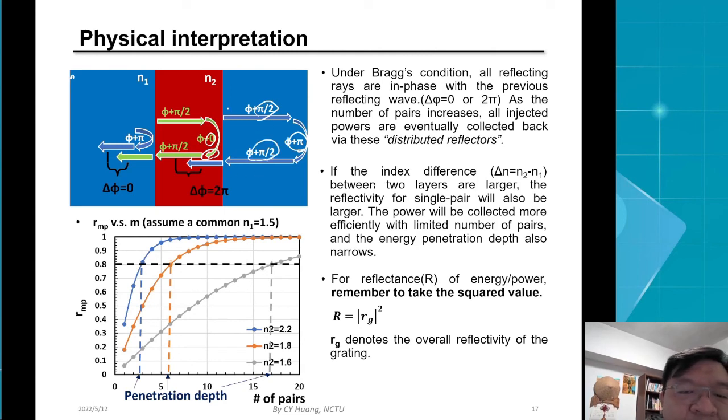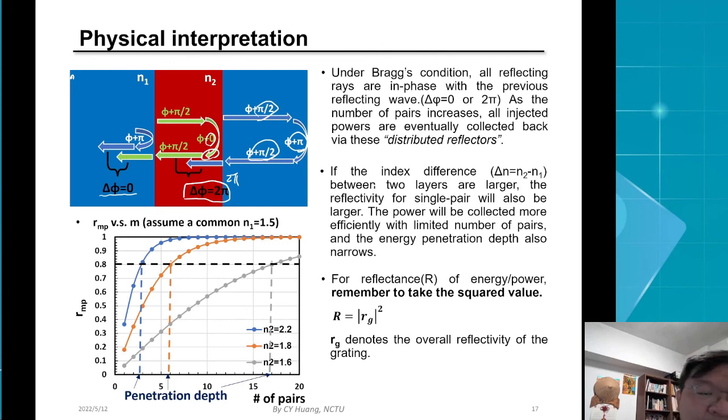So the round trip in the second layer gives 2 pi, and compared to the first reflected wave, in such a case the phase difference will be 2 pi. It's actually the same scenario as the 0 phase case as well. So it is still also perfect constructive interference.